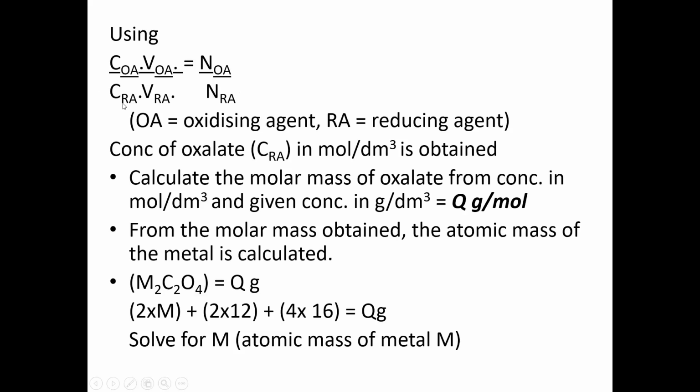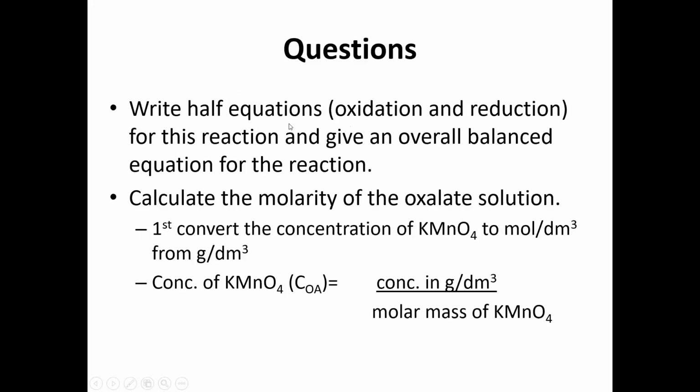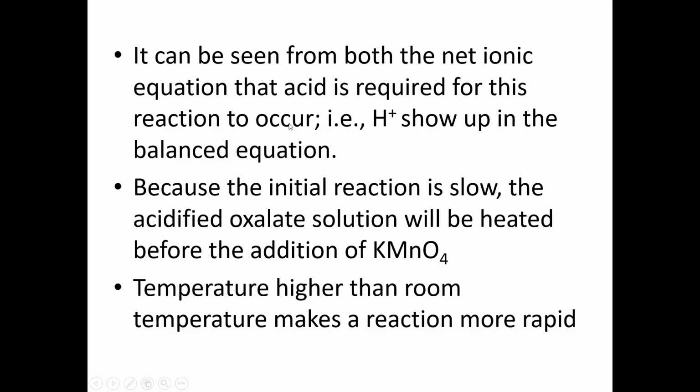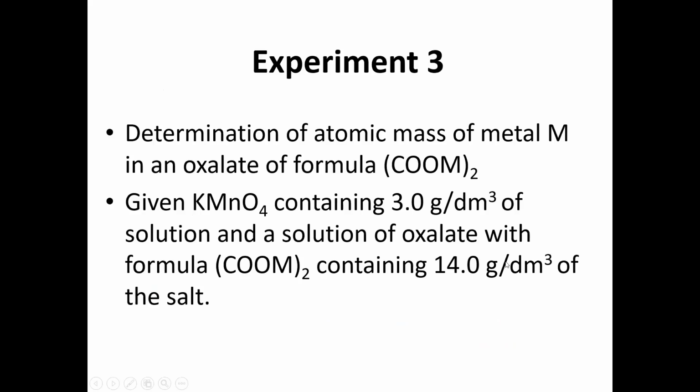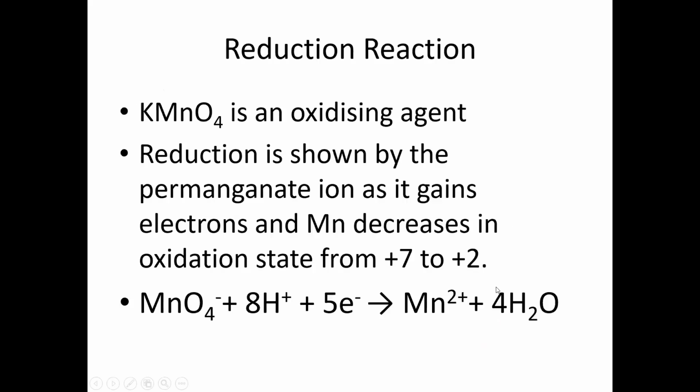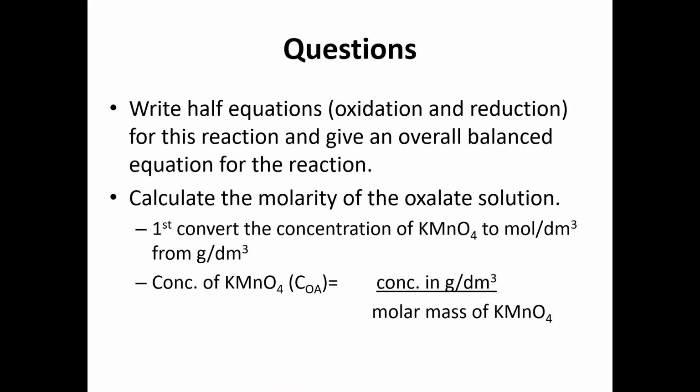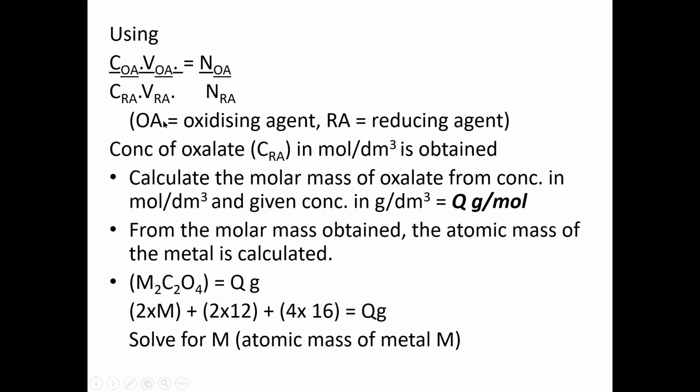And now you calculate the molar mass of the oxalate from the concentration you have in moles per dm cubed. The question has already given you the concentration of the oxalate in mass per dm cubed, and you have also been able to work out the concentration in moles per dm cubed. You can easily find the molar mass in grams per mole.